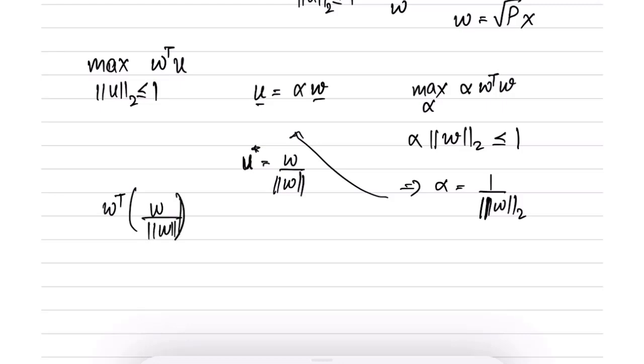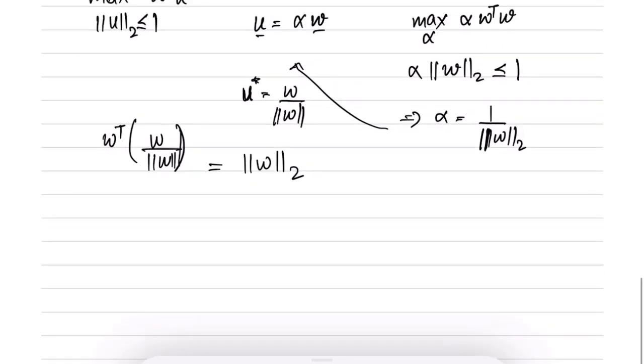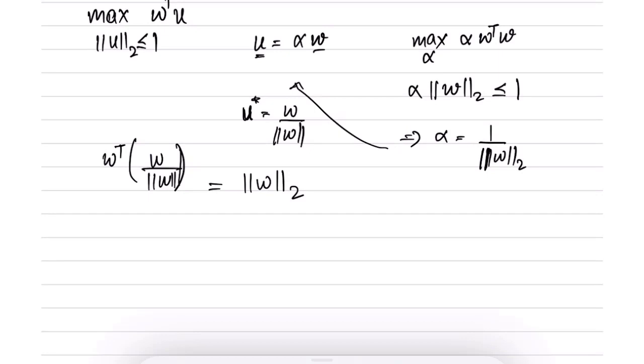So the optimal value will be given by this quantity, which is equal to norm of w. So we are saying that if we pick u equal to alpha times w, then the maximum value this can take is norm of w.